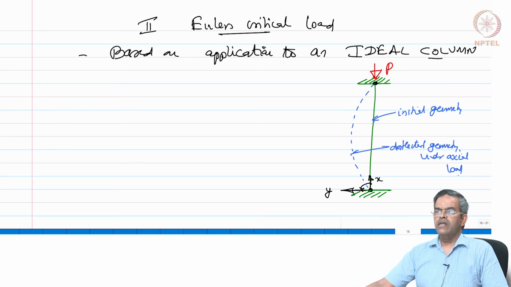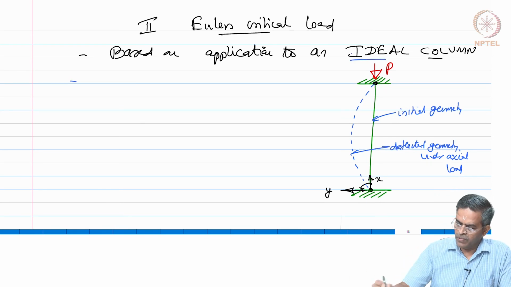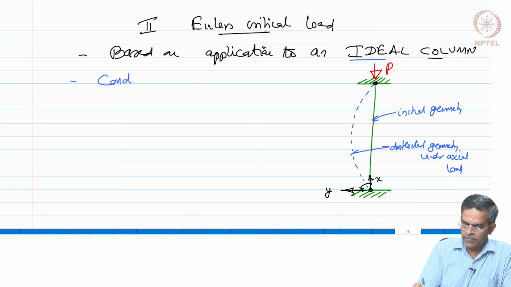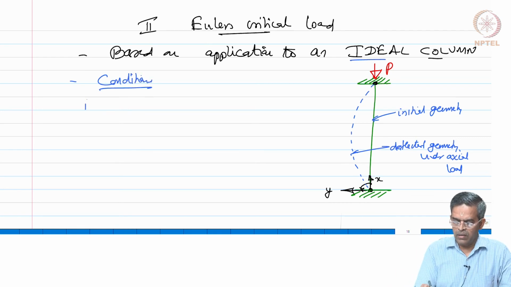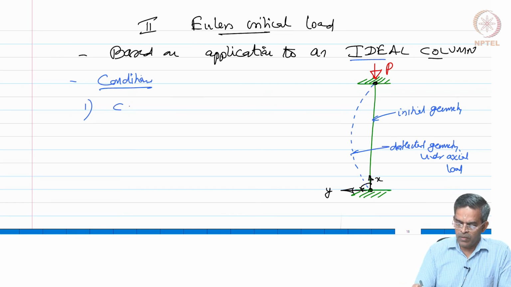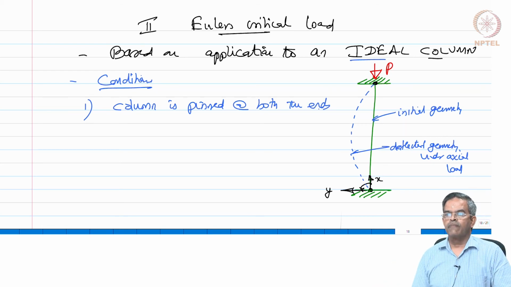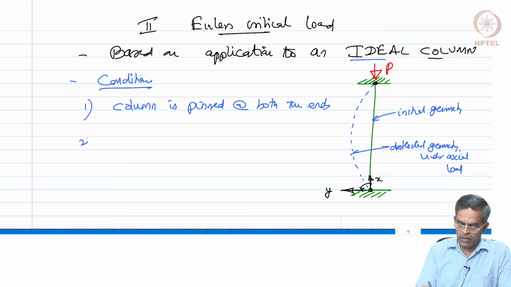Let us quickly see what are the ideal conditions of the column. We say ideal column, no? What are the conditions? One, the column is pinned at both the ends. Two, the column is uniformly slender.